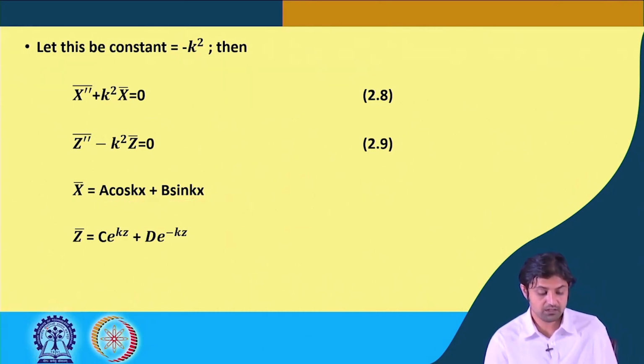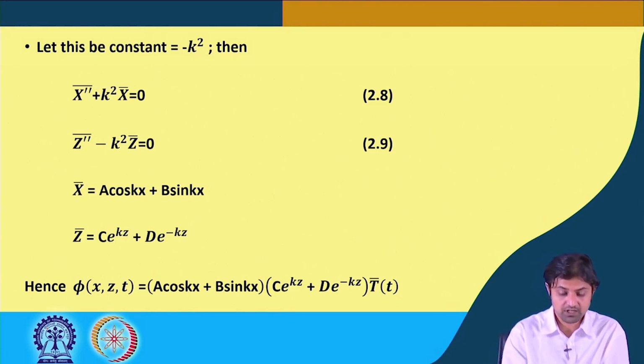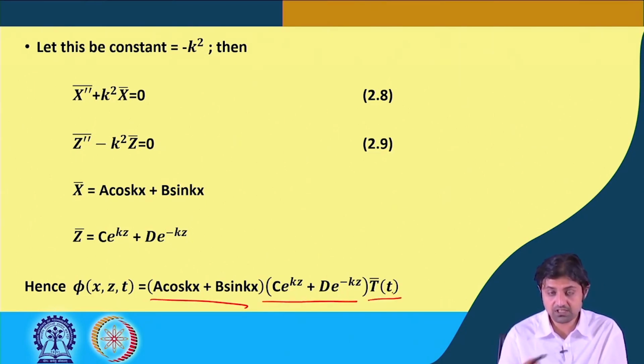We get X bar and Z bar. So, you see, the solution that we initially assumed was phi of x, z, t is X bar, Z bar and T bar. So, we can write, instead of X bar we can write this one, instead of Z bar we can write this one, and T bar remains as T bar.